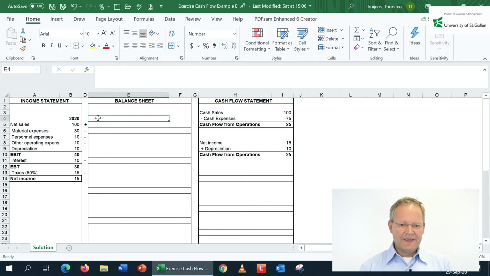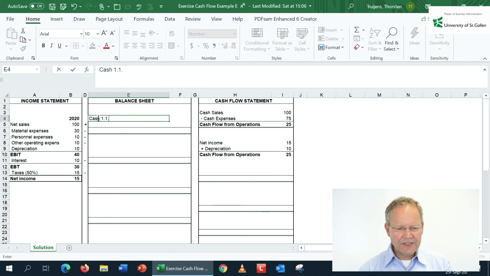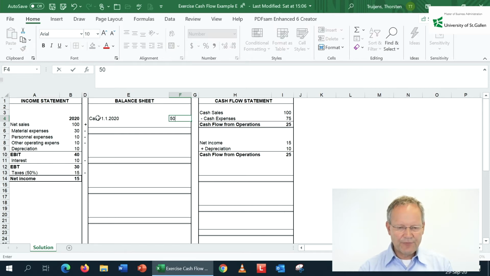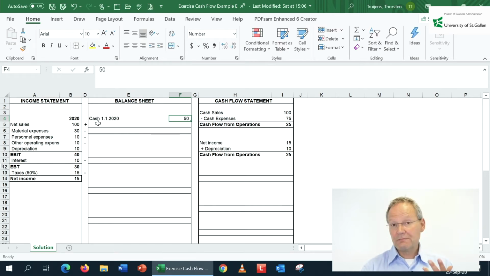So here in our French fry stand, I still trust the cash. I visited our French fry stand on the 1st of January and I counted the cash. So the cash on the 1st of January 2020, I found out, was actually 50 euros. This is a number I trust. I counted them myself.